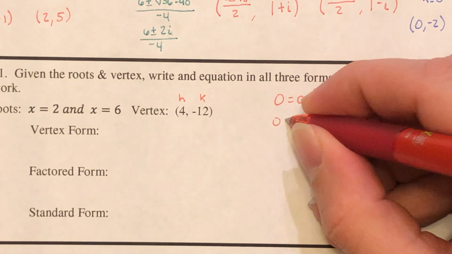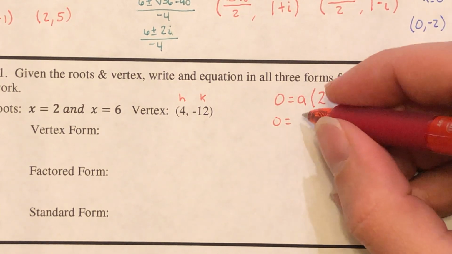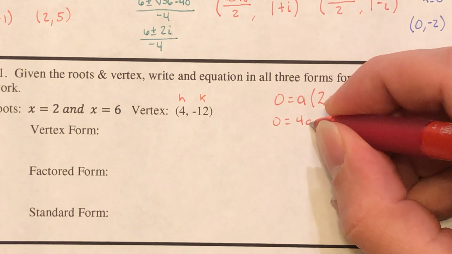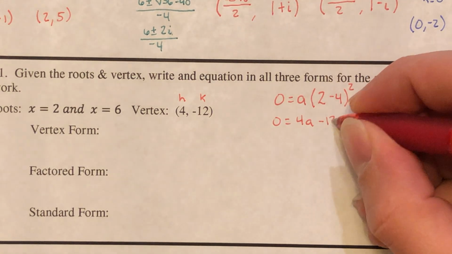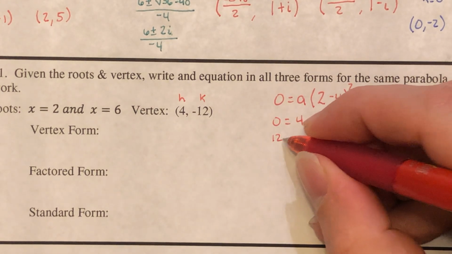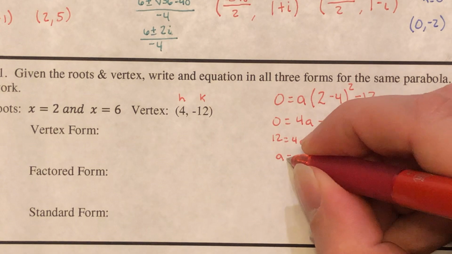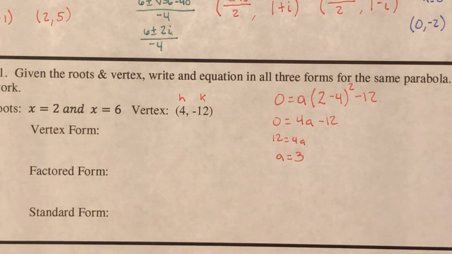That's going to be 0 equals 2 minus 4 is negative 2, squared is 4, so 4a minus 12. So I add 12 to both sides. 12 equals 4a. So a then equals 3.